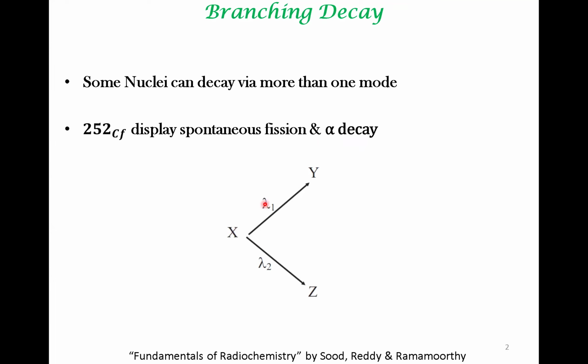It may decay via spontaneous fission in one pathway, and it can decay by alpha decay by a different pathway. Because the energetics is different, that is, to go to products involving spontaneous fission or to products involving alpha decay, the energetics are different. Therefore, kinetics will also be different.